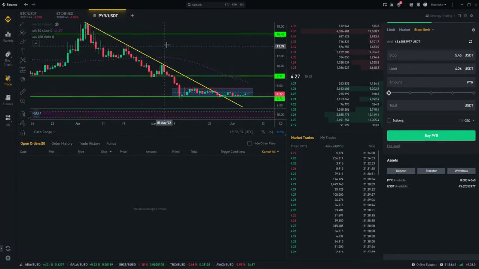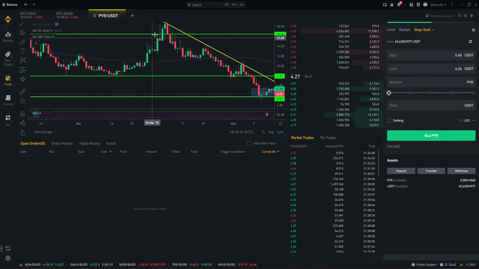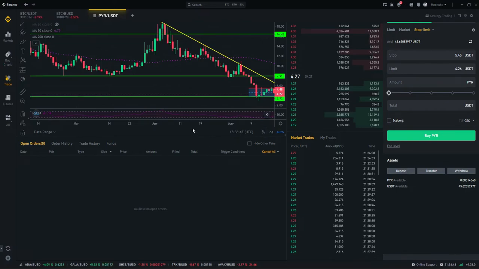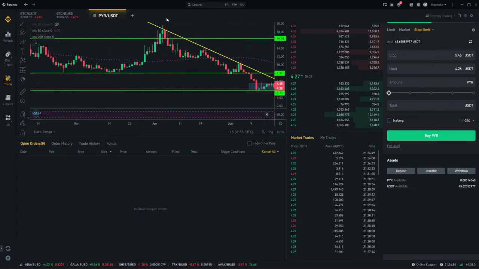A fake breakout, you see, like this one. This is a very fake breakout. Here, someone who is not experienced would think that the price is now going to go up. Let me drop this a little bit. Yes, here. Someone would think, well, the price was unable to break below this area, so it's going up.